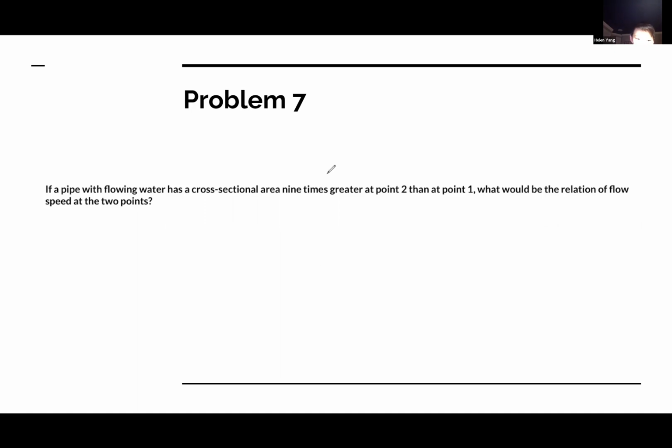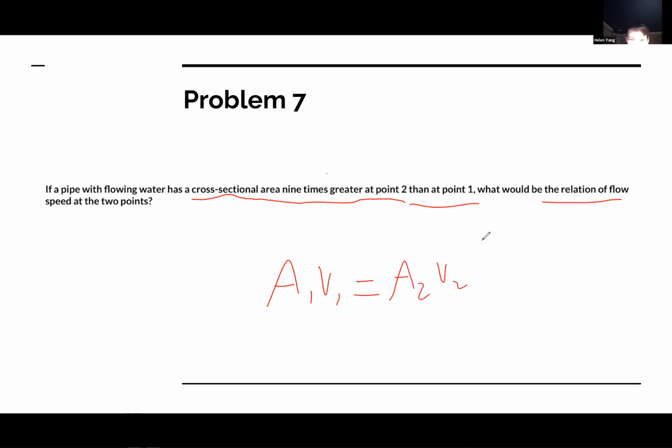Okay, so if a pipe with flowing water has a cross-sectional area 9 times greater at point 2 than at point 1, what would be the relation of flow speed at the 2 points? So again, you would use A1 times V1 is equal to A2 times V2. If the cross-sectional area is 9 times greater at point 2, then it would be 1 to 9.